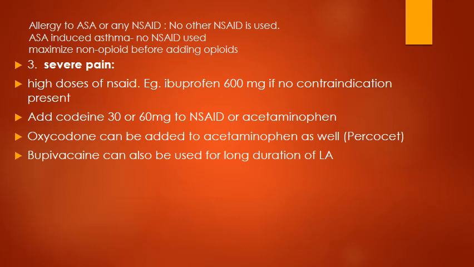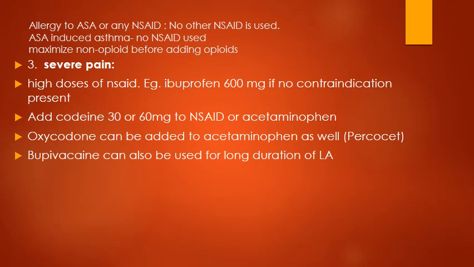Next is severe pain. In case of severe pain, either you can give high doses of NSAID, for example ibuprofen 600 mg if there is no contraindication present, or you can add codeine 30 to 60 mg to either NSAID or acetaminophen depending upon the history of the patient. Another is oxycodone, which can also be added to acetaminophen, so it makes Percocet.